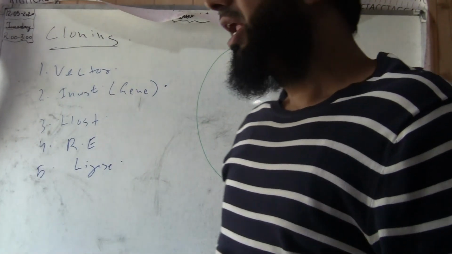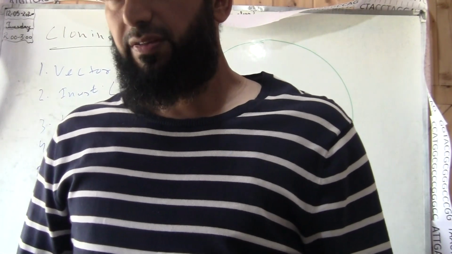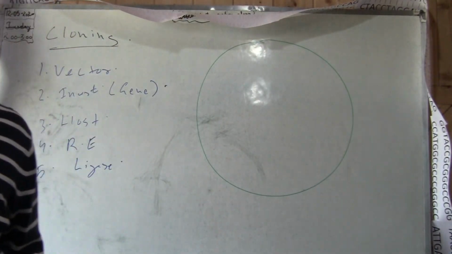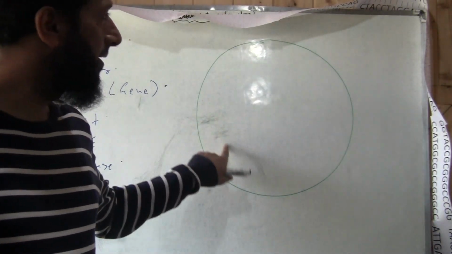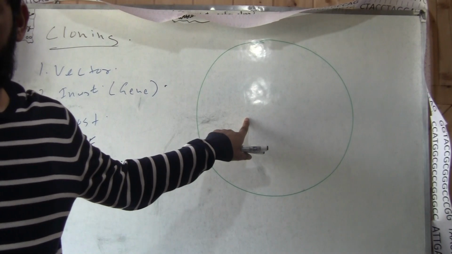Any circular DNA cannot act as a vector, because there are some attributes and prerequisites of a vector. If these prerequisites are not met by the circular plasmid DNA sequence, we do not call it a vector.